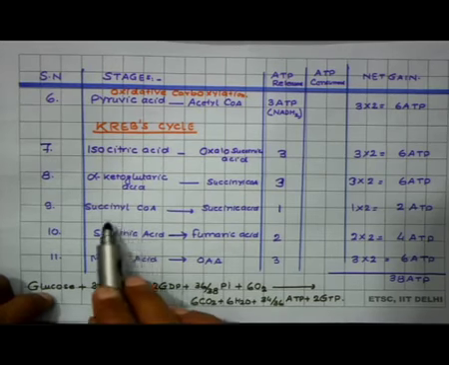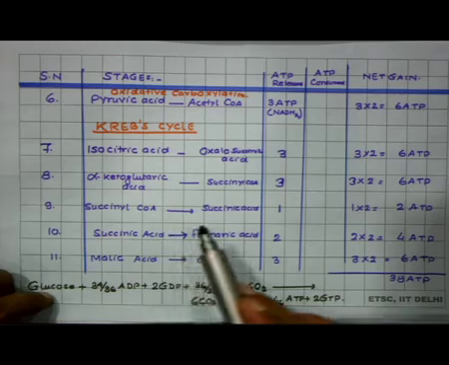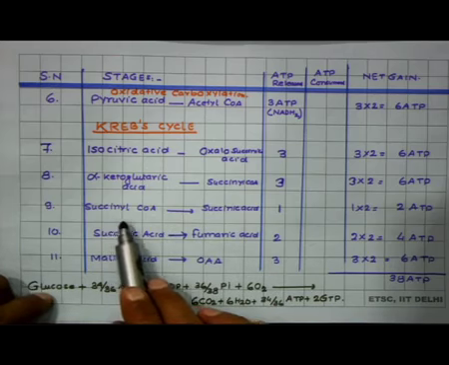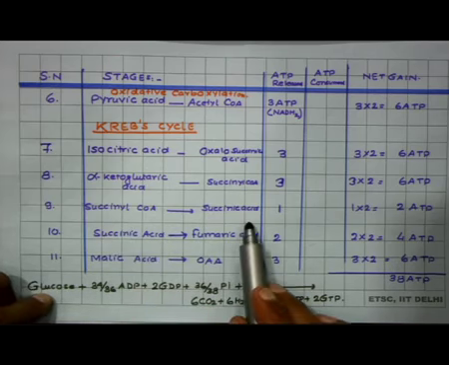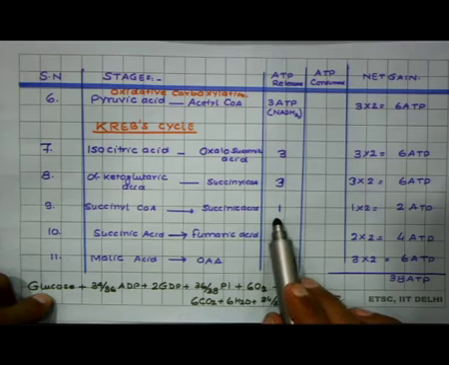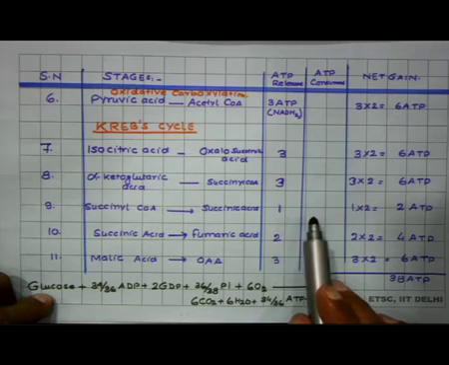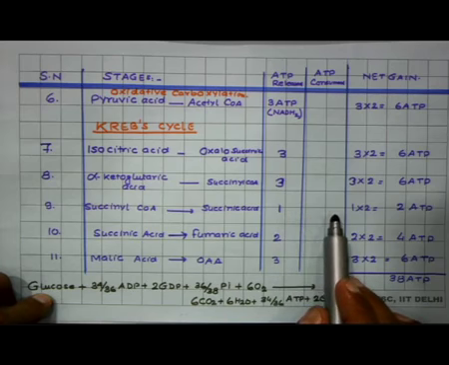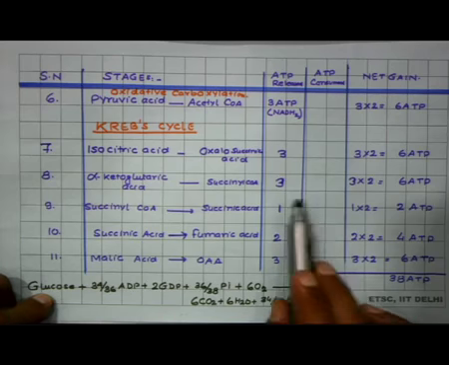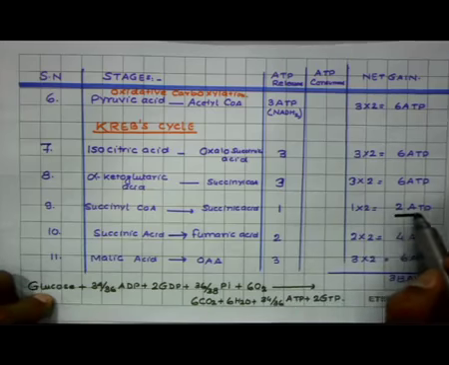And one direct level of ATP is synthesized, where succinyl coenzyme is converted into succinic acid, GDP combines with the inorganic phosphate, GTP is formed, then ADP is formed, and this is again converted into ATP.